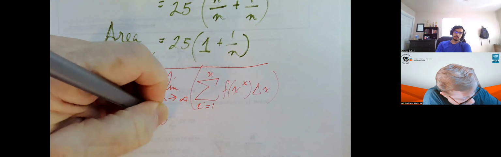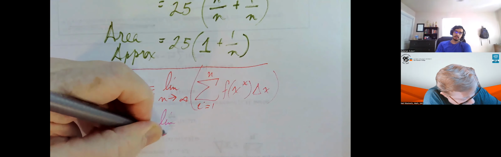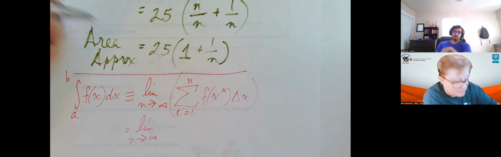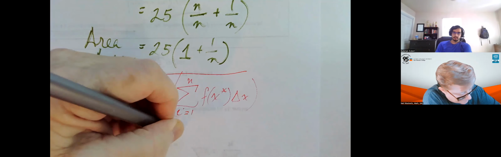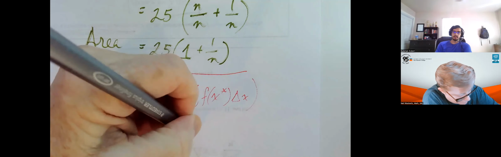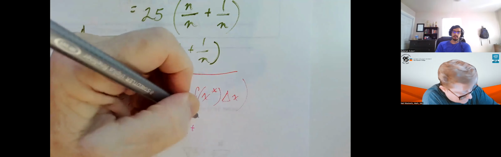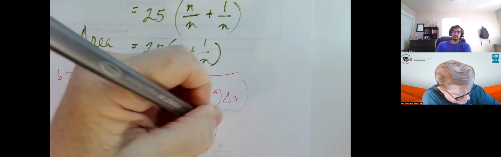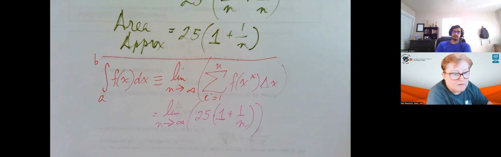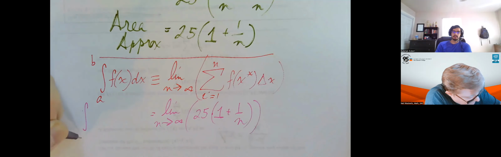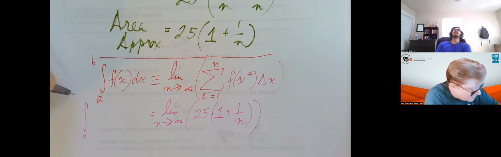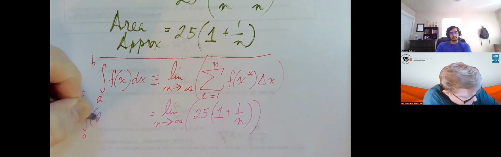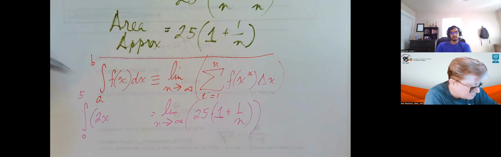We have the limit as n goes to infinity of 25 times 1 plus 1 over n. And this is the integral from 0 to 5 of 2x. Was it plus 5?